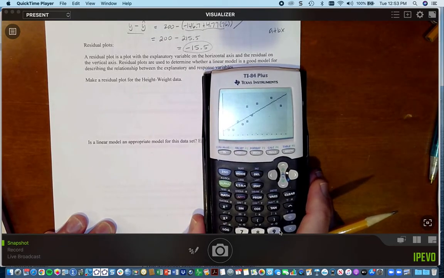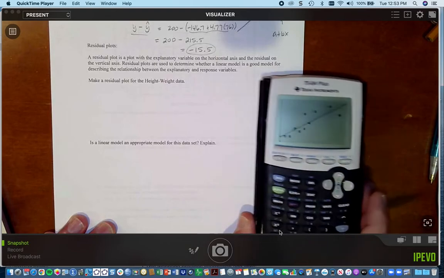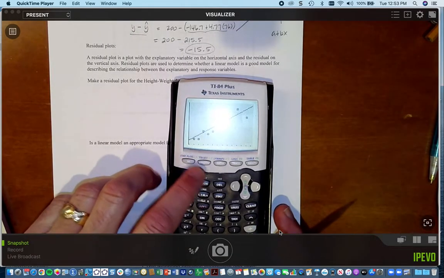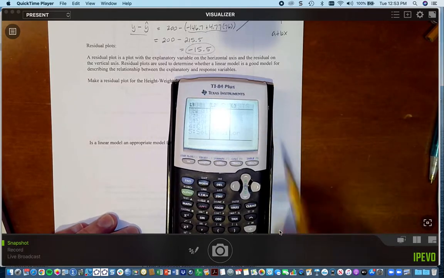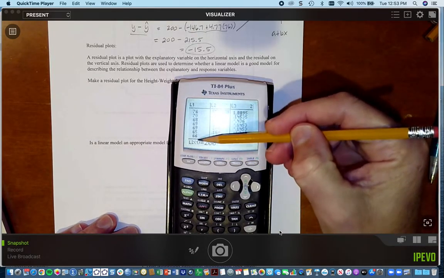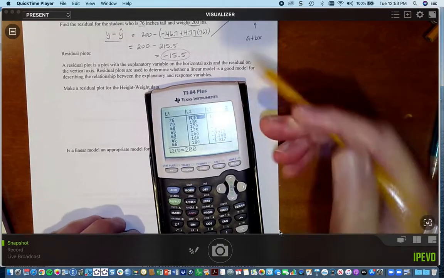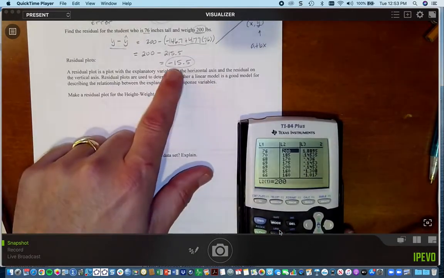All right, and so with a residual plot, what we basically do is we're going to graph these were heights. We're going to graph heights, but instead of graphing them to weight, we're going to graph them to their residuals.